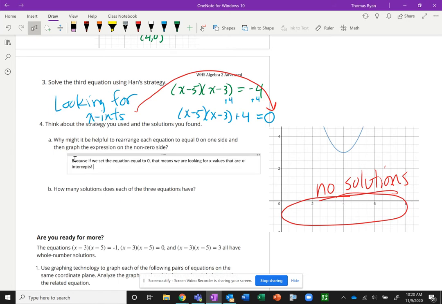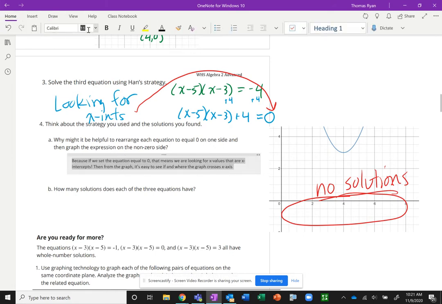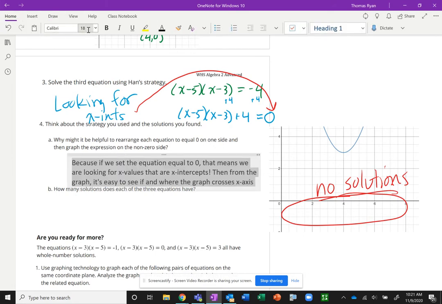Because when we're looking for when does it equal 0, it means when does it cross the y value of 0. Then from the graph, it's easy to see if and where the graph crosses the x-axis.